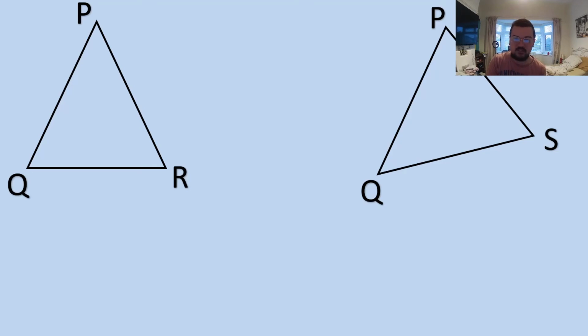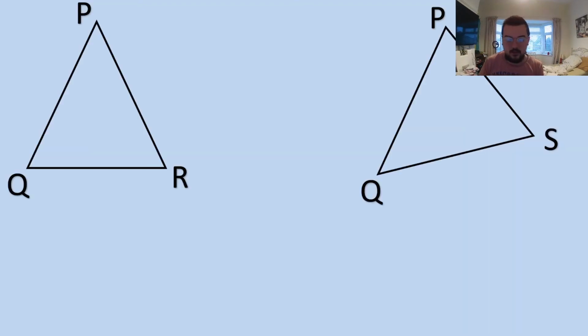So we go back to our angles. We have our 2 triangles again. So we know that they're both isosceles triangles.